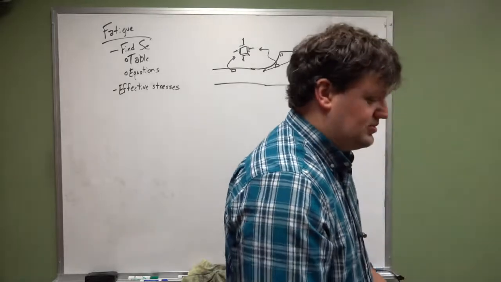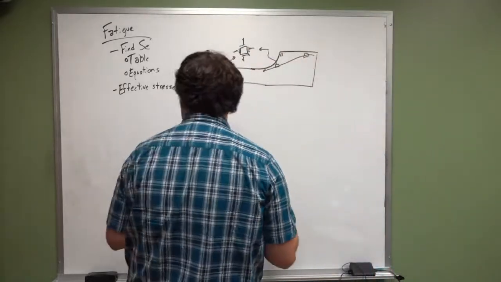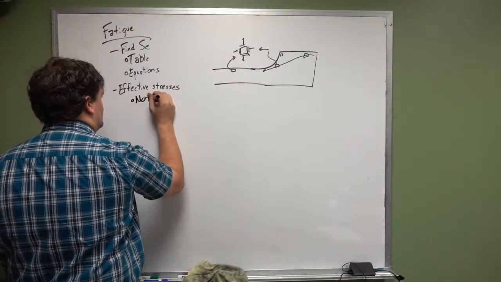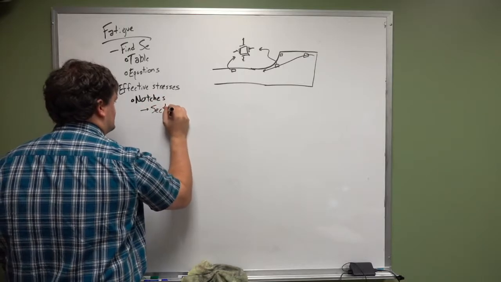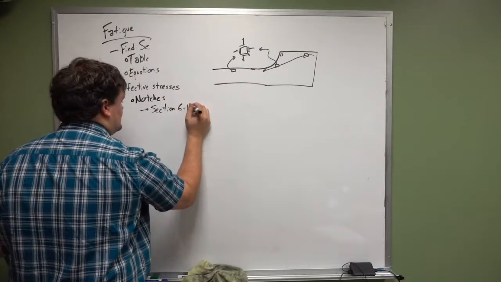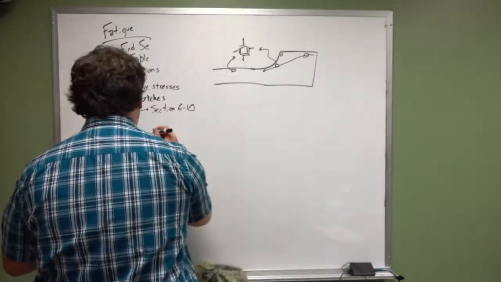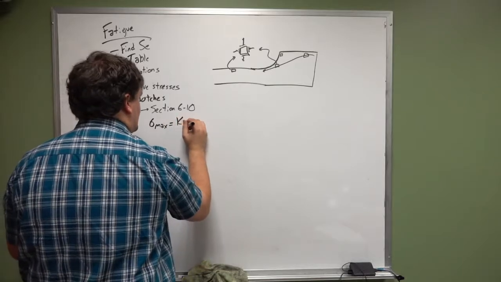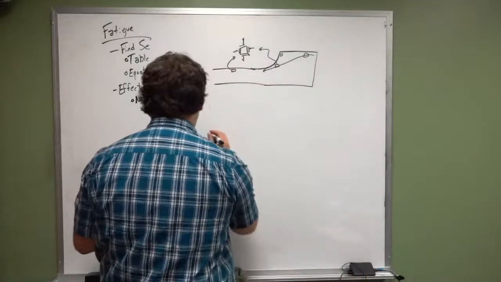So it's coming to notch sensitivity, which is section 6.10. Notches, you look up section 6.10. The equation that is given is that your sigma max value is equal to your Kf times sigma naught.